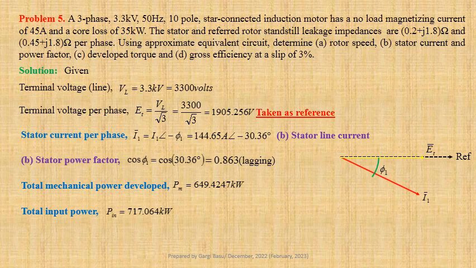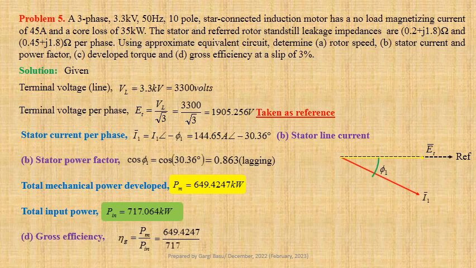Let us now determine gross efficiency of the motor. Eta G equals P_M divided by P_in. Using values we get 649.4247 divided by 717.064. That is equal to 0.9057 per unit or 90.57%.